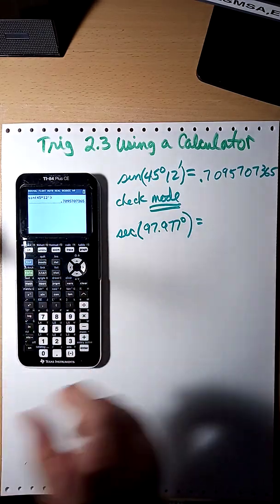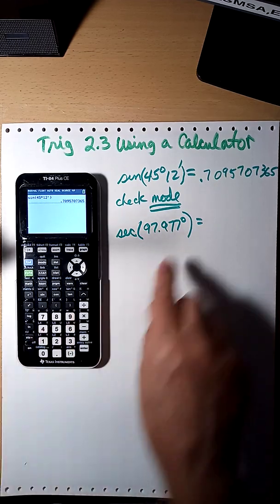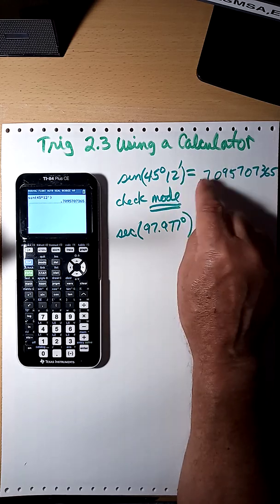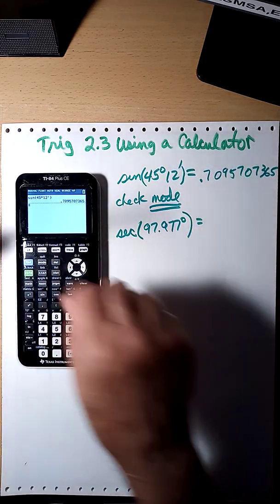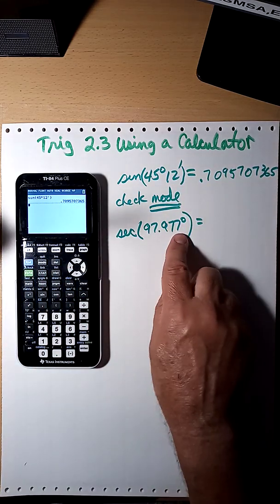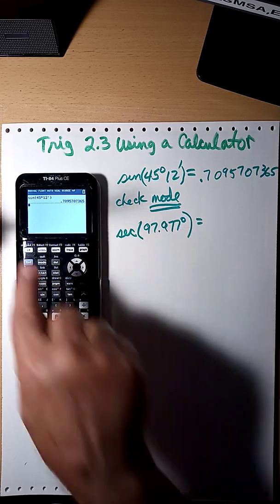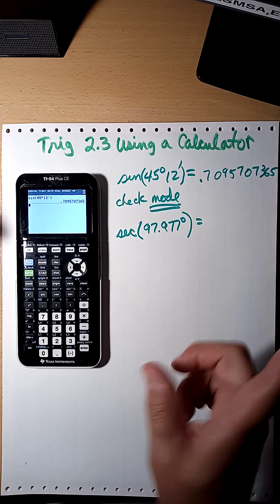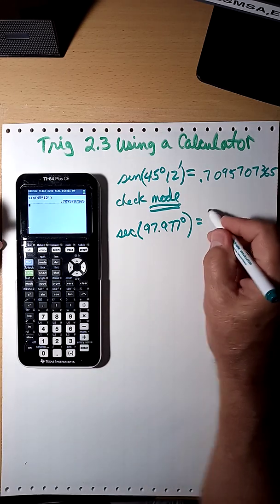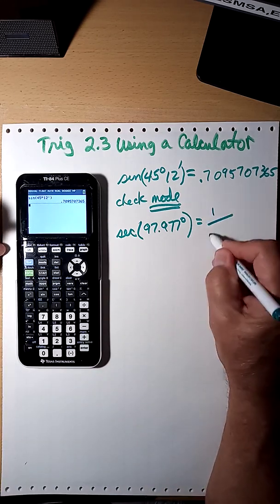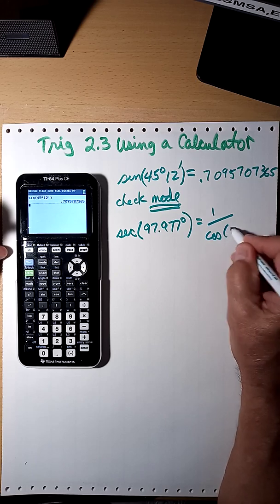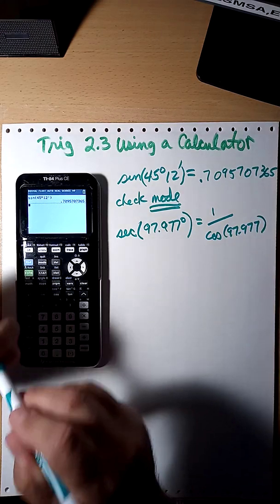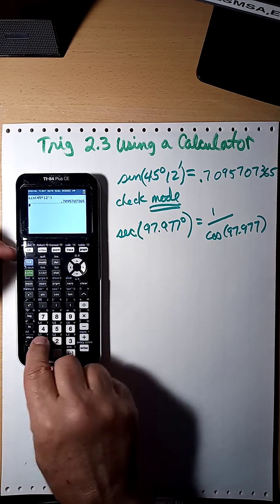What's nice is, if you're in degree mode, you don't need the degree mark. It's only when you need degrees and minutes and maybe seconds that you would need that degree mark. It won't hurt if you do or don't. But the secant is really 1 over the cosine of that 97.977. So that's how I'm going to put it in.